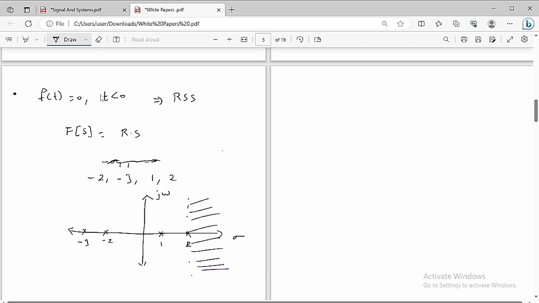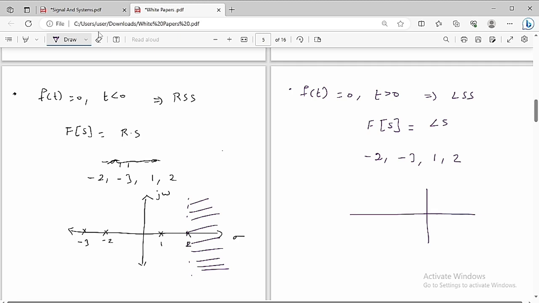Suppose it is a left-sided signal, then what is going to happen? Listen carefully. Suppose f of t is equal to 0 for t greater than 0. What is the meaning of this? It's a left-sided signal. So I try to find F of s. Then this ROC is a left-sided ROC. Same thing, the poles are, suppose, minus 2, minus 3, 1, 2.